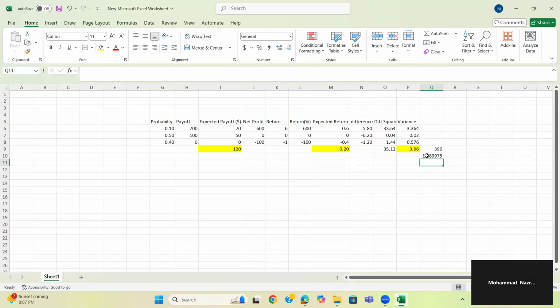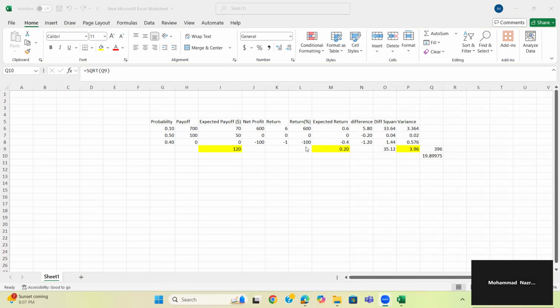All right, so that's the whole scenario for this three step-by-step process. So the expected payoff is very straightforward, but when you have to calculate expected return, just remember that you need to get the return value, and to get the return value you need net profit, right?